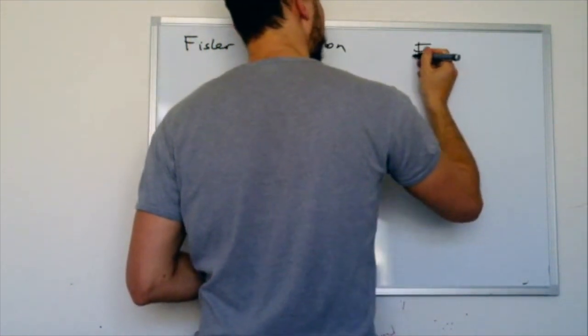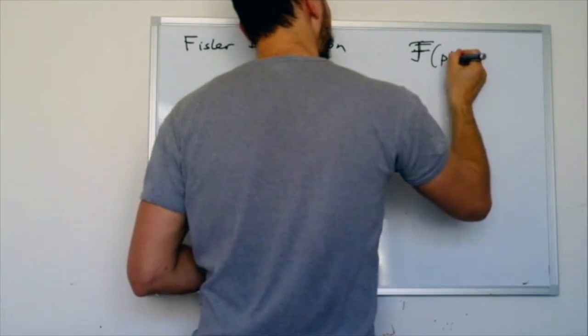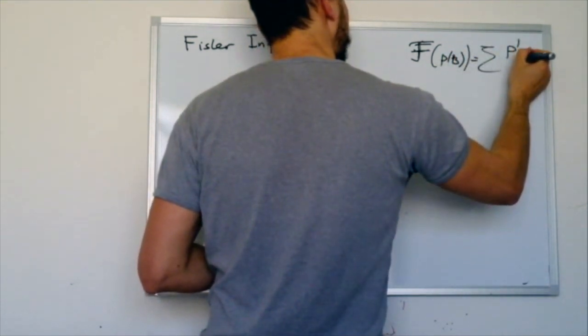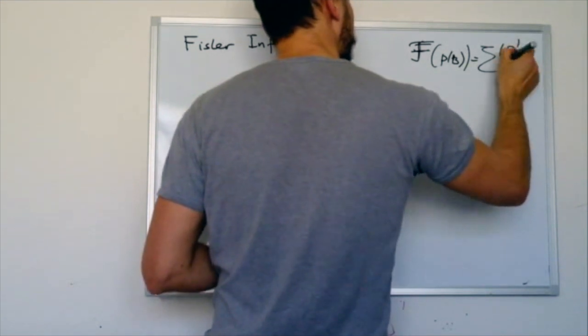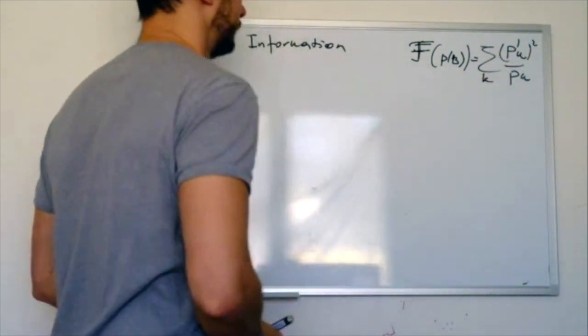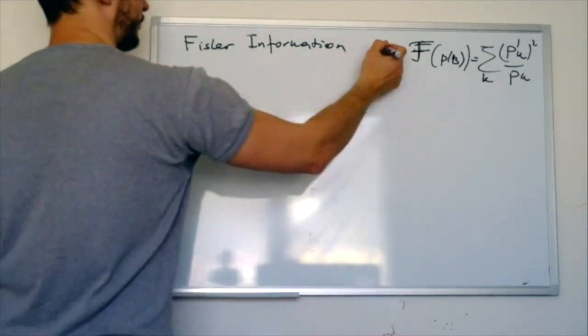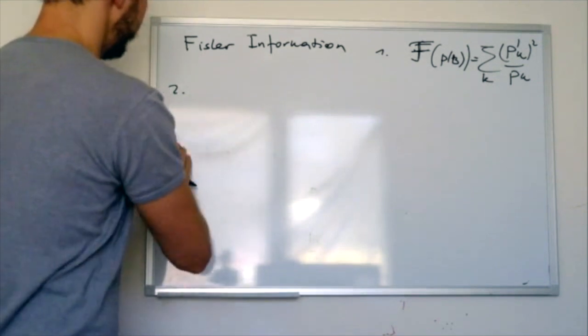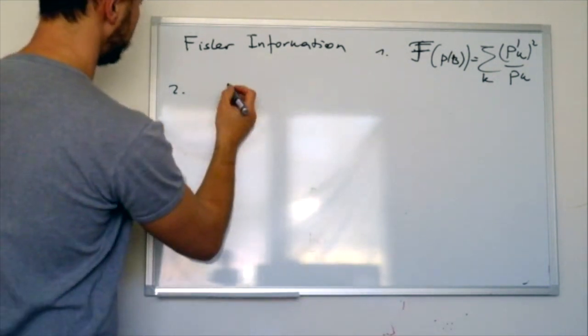So Fisher information of P of b. This is just the sum of P prime k squared over P k, right? Where the derivative, of course, is with respect to the parameter. So this was the first definition. The second definition is that we can define the score function. Remember, the story is as follows.